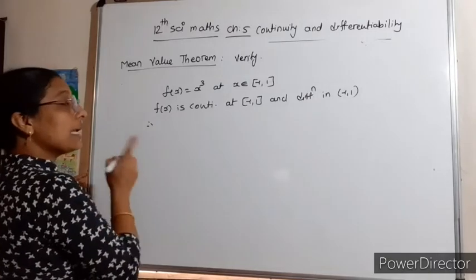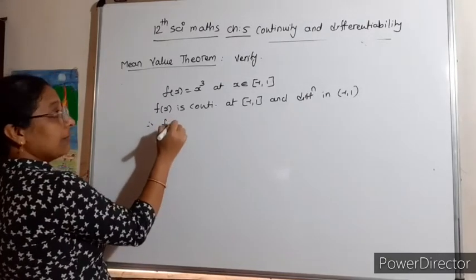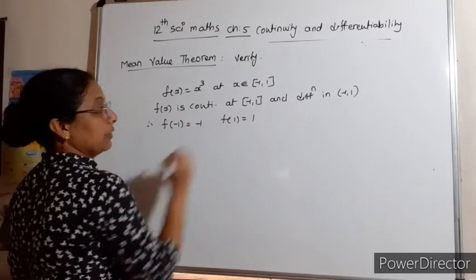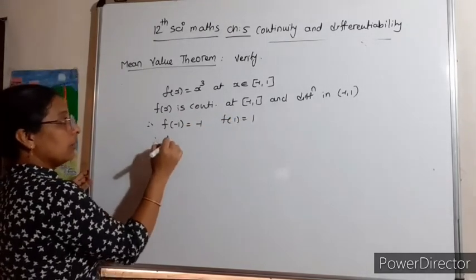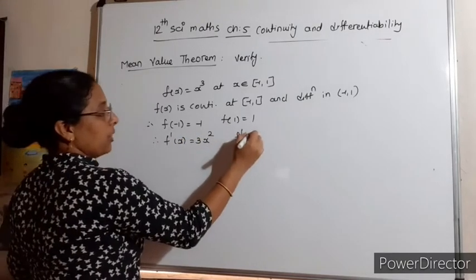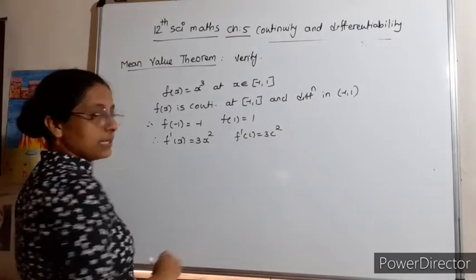Therefore, what we can say? f of minus 1 is minus 1, f of 1 is 1. Now, f dash x is 3x square. So, f dash c is 3c square.